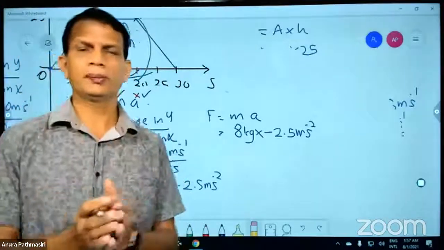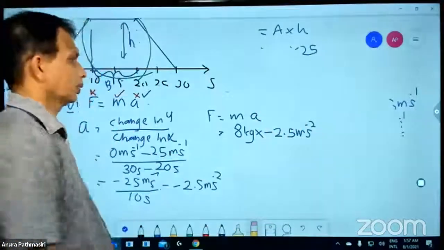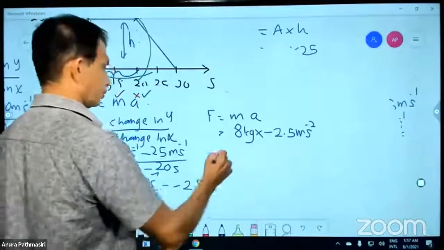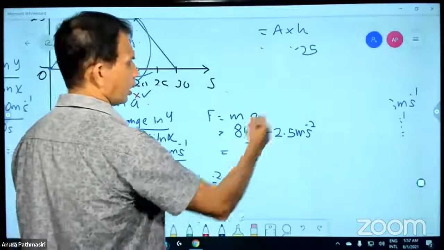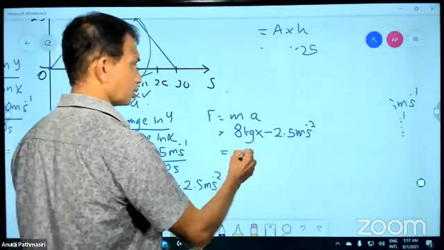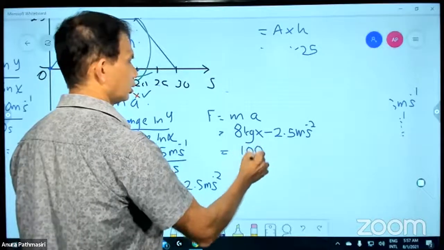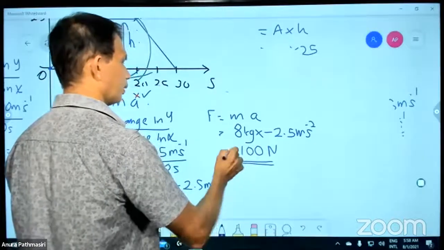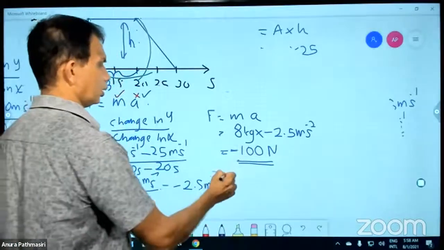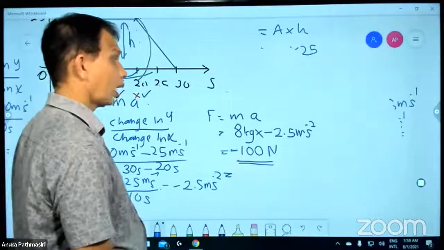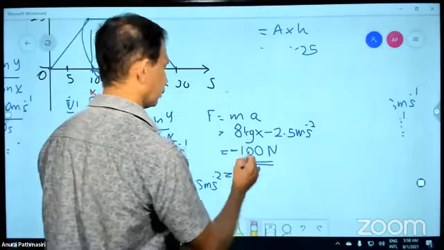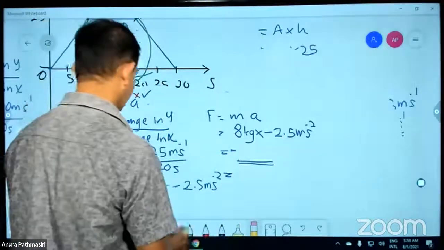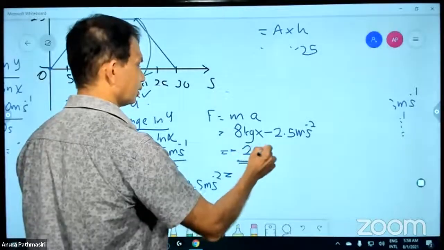So the force you have to apply is opposite to the motion. That's why the negative value is very important. So 8 times 2.5 is negative 20 Newton.